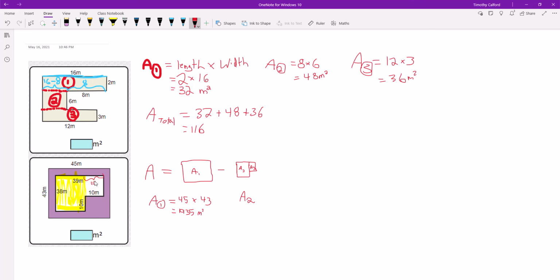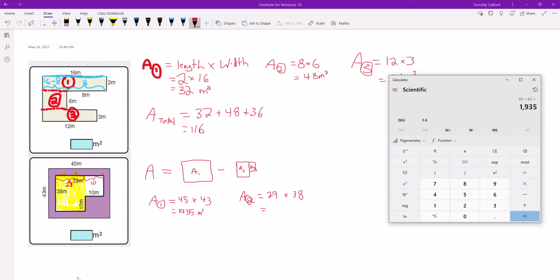Because this much of it is 10. I know that from the bottom piece. So that makes this much of it 29. 39 minus 10. So area 2 is a 29 by 38 rectangle. 29 by 38 is 1,102.